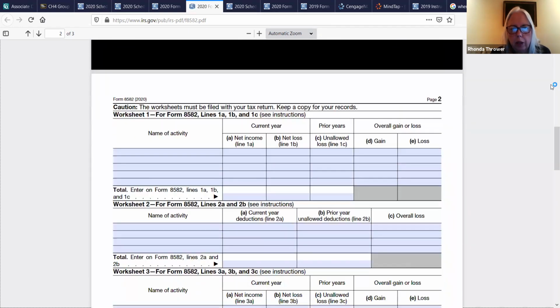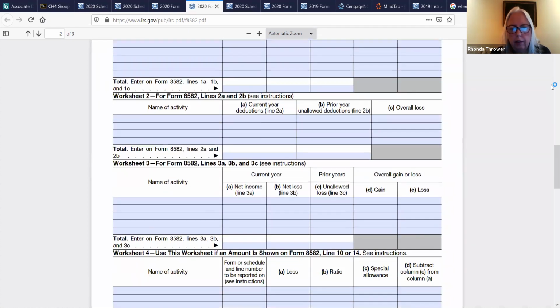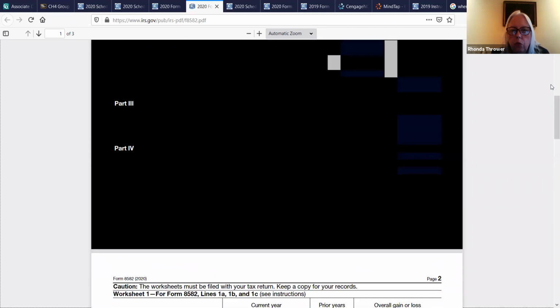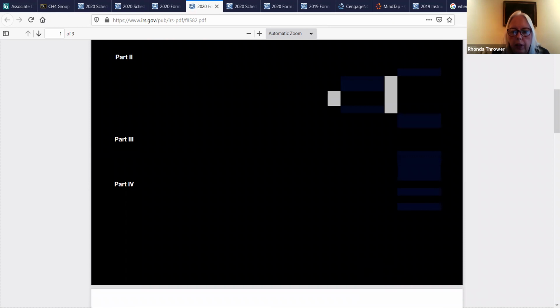I believe that's form 8582. Yeah, it is. And obviously it's not showing, so I'm going to try to click on a PDF of that. This is form 8582. And so this would also be filled out.